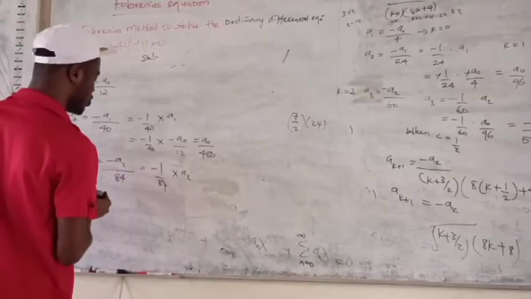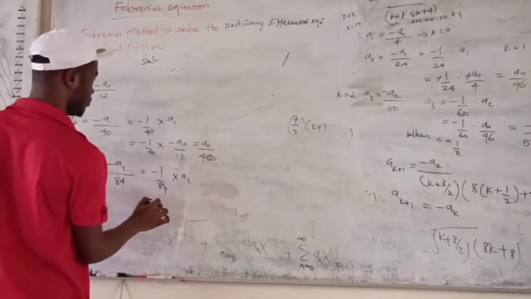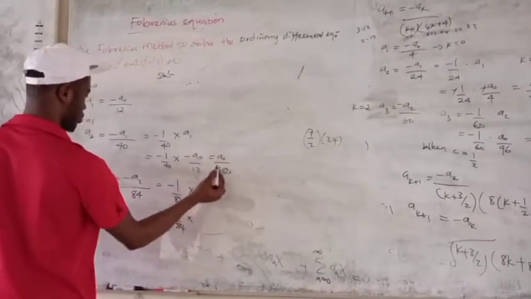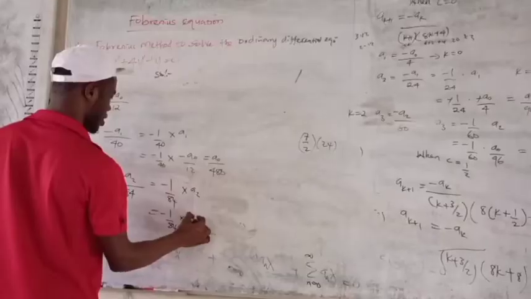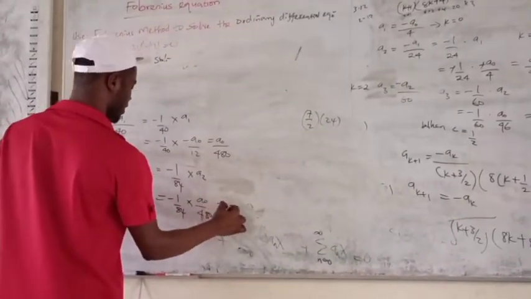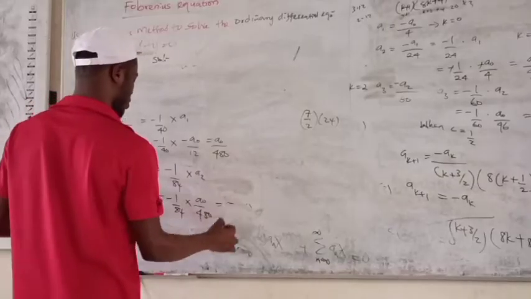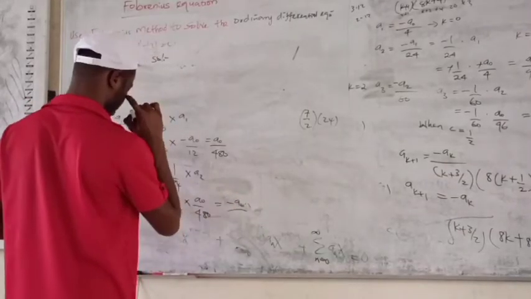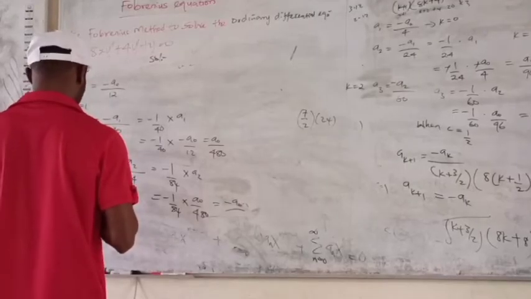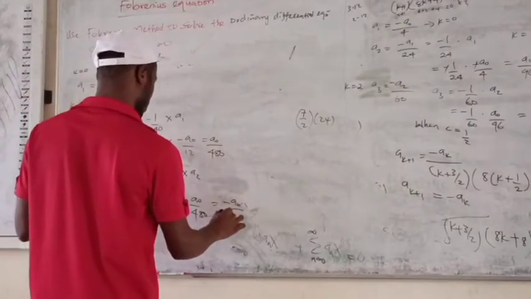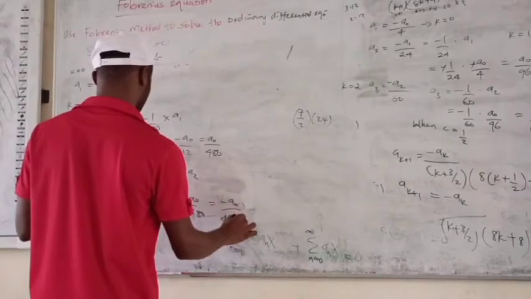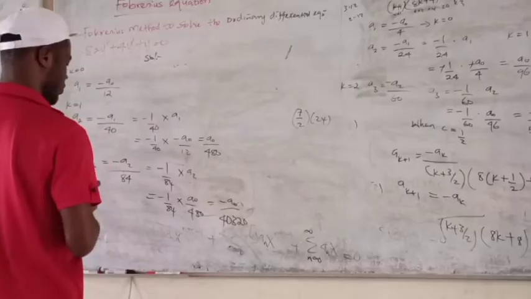And of course a3 equals minus 1/84 times a2, which equals a0/480. So I have a0/480, which gives me minus a0 divided by 84 times 480, which gives me 40,320.